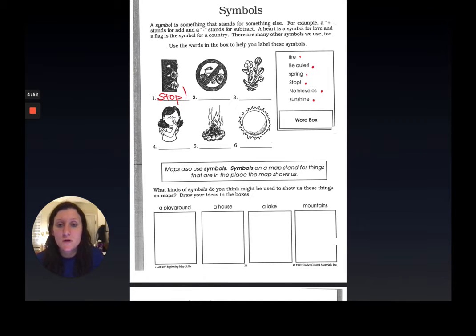Number 2, we see a picture of a bicycle with a line through it. And so whenever we see a symbol that has a line through it, it usually means no to that thing. So number 2 means no bicycles allowed. So we'll put that in there for number 2.